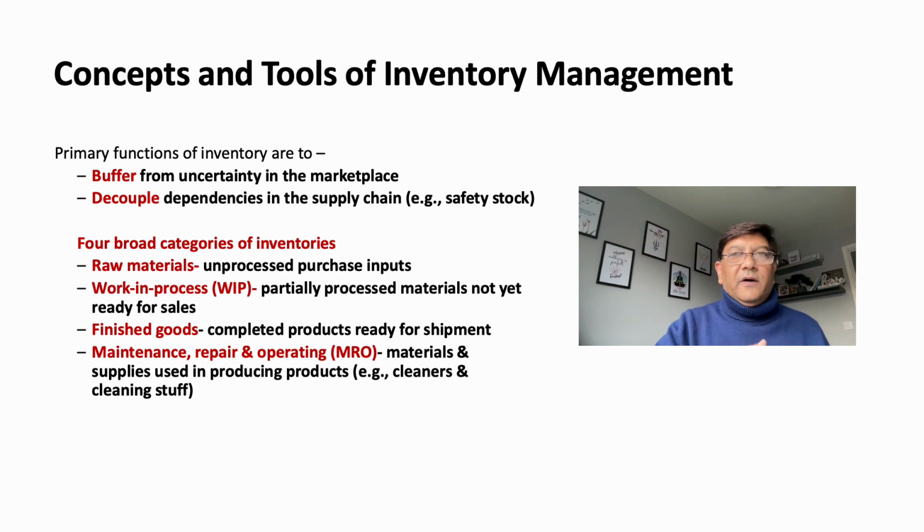For example, paper, pens, and any other material or inventory we require to perform the entire operations of the manufacturing. So those four different types of inventories we need. Now, in the next one, we are going to look into them in a bit more detail.